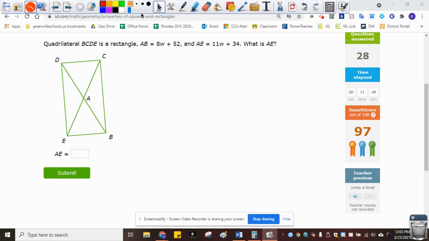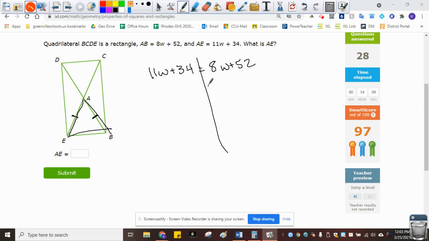All right, this is a rectangle. So AB is this, and AE is that. And since it's a rectangle, all of these have to be congruent and form an isosceles triangle. So you can set these equations equal to each other and solve. It doesn't matter if you move the 8 or the 11, you should still get the same answer.